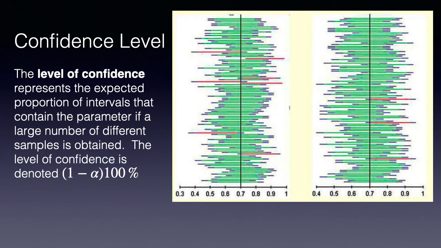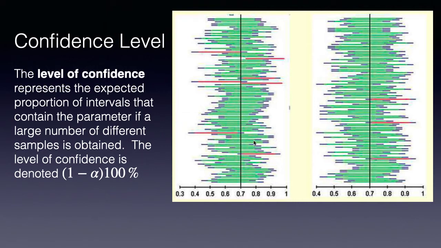So if we could repeat sampling, and in this case, the repeated sampling was 200 times, and the population proportion was known because it was a simulation. As we can see, the population proportion here is 0.7.